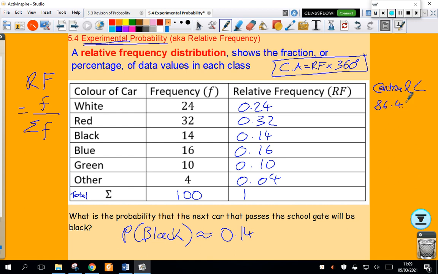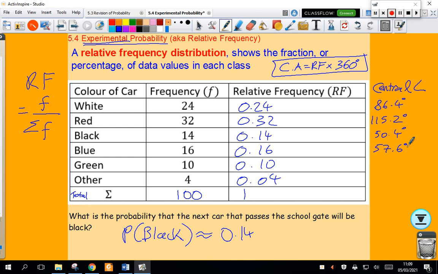So if I was constructing a pie chart, the sector white would have a central angle of 86.4 degrees. 0.32 times 360, well, that's 115.2 degrees. 0.14 times 360, that's 50.4 degrees. 0.16 times 360, that's 57.6 degrees.